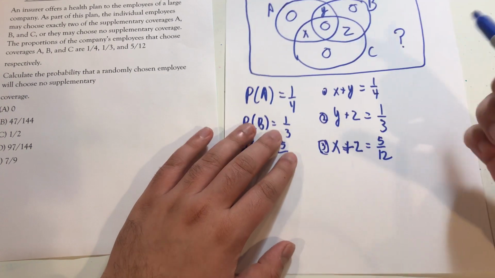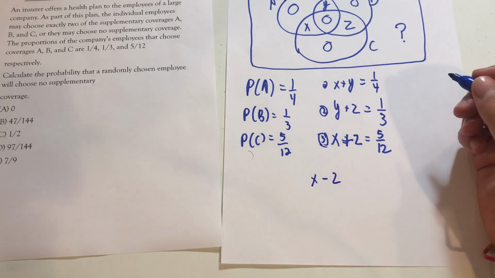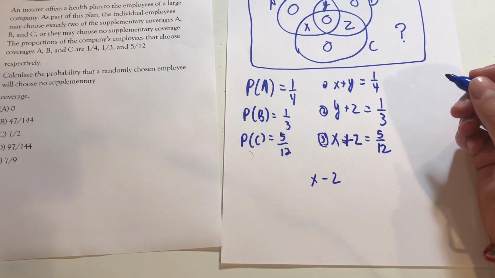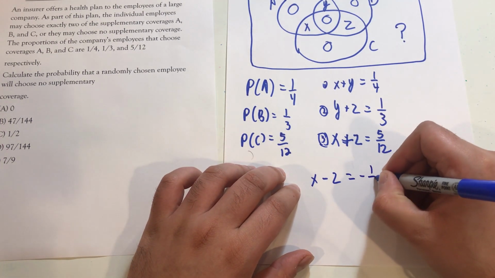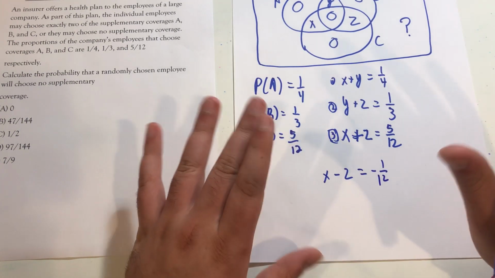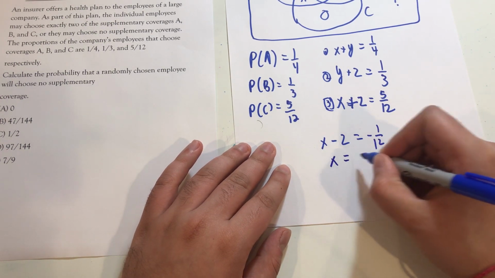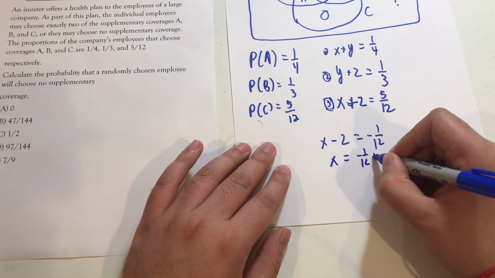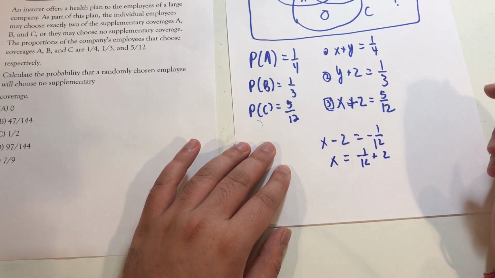What that would get me is x minus z is equal to 1/4 minus 1/3, and that should be equal to negative 1/12, my bad. So x should be equal to negative 1/12 plus z. From there, I can substitute into equation 3.